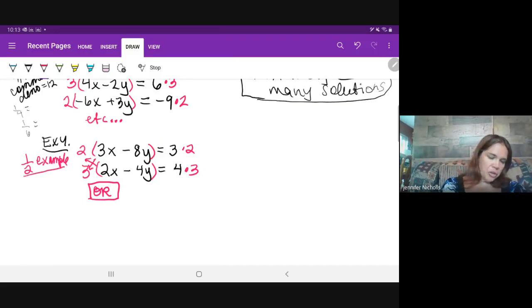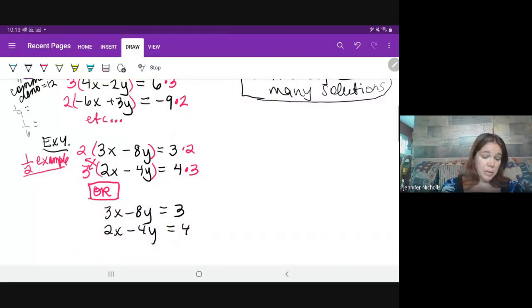Or you could look at the y's. Okay, so I want to give you some creativity possibilities, but this will be up to you. So if you look at the y's, how can you make those match? Anyone have an idea?